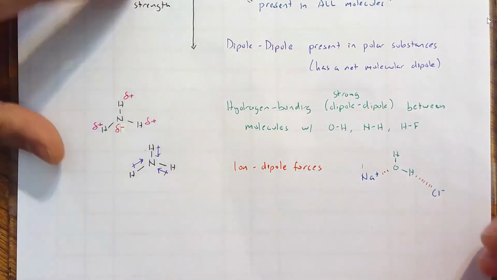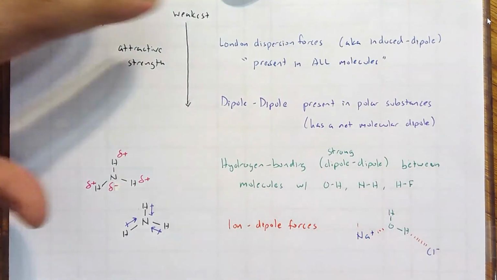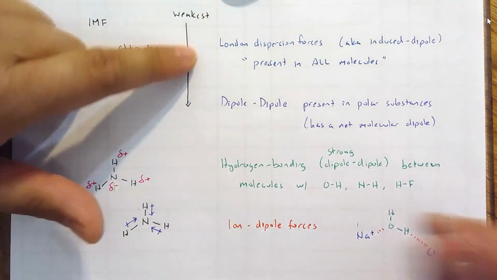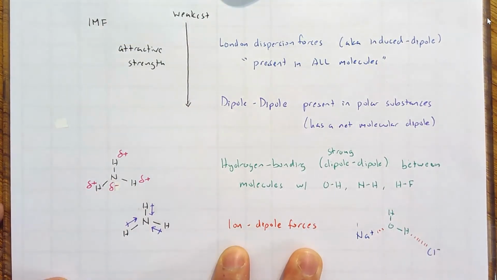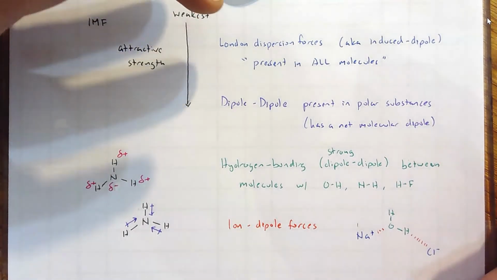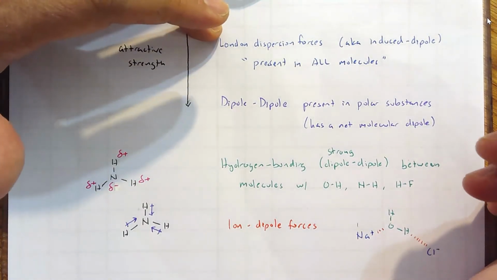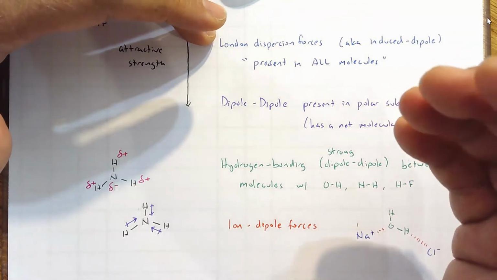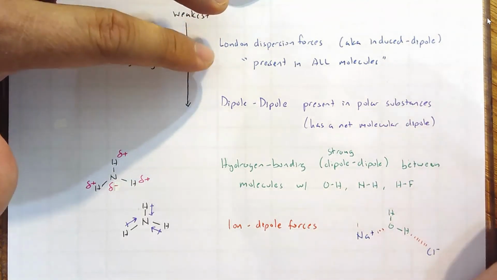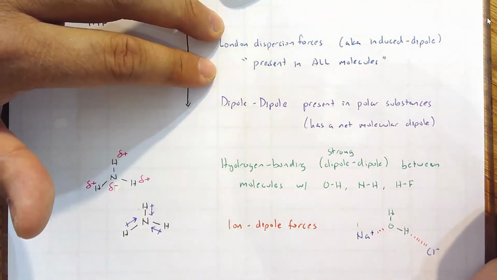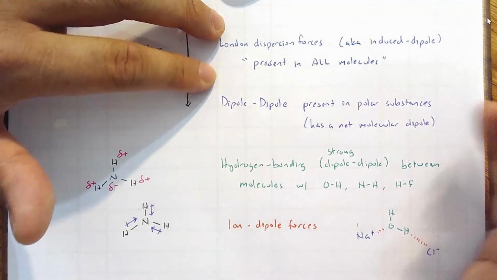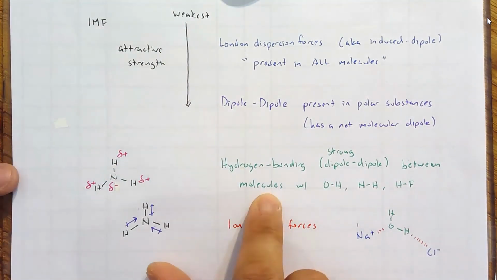If we look at the strength, yes, ion-dipole forces are typically the strongest, but if you have a very, very large molecule, then you have many, many London dispersion forces, and a lot of London dispersion forces may actually be stronger than a single hydrogen bond.